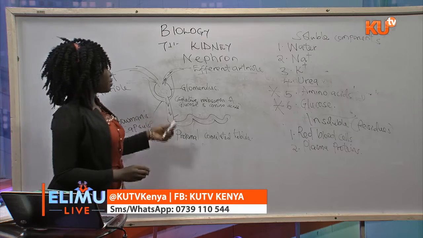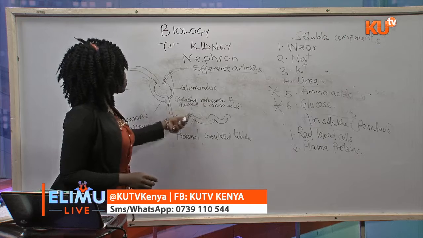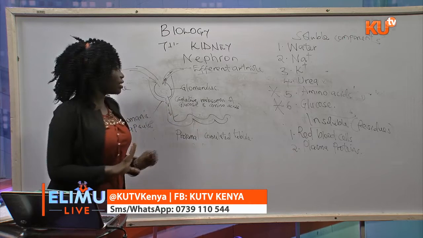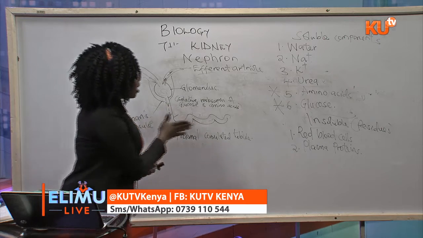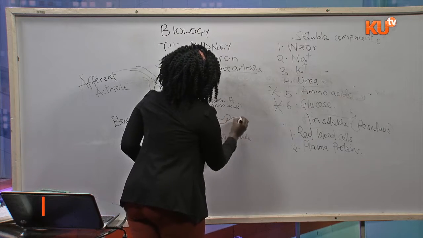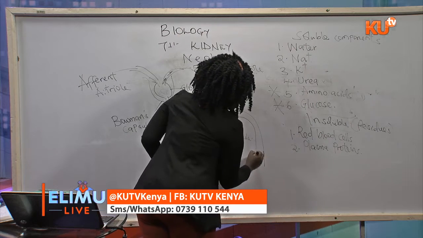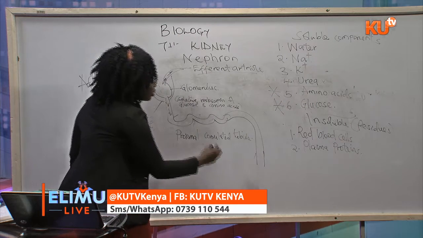Not everything is reabsorbed. There is just selective reabsorption of glucose and amino acids, and the rest, that is the higher percentage, proceeds going down to the descending loop of Henle.